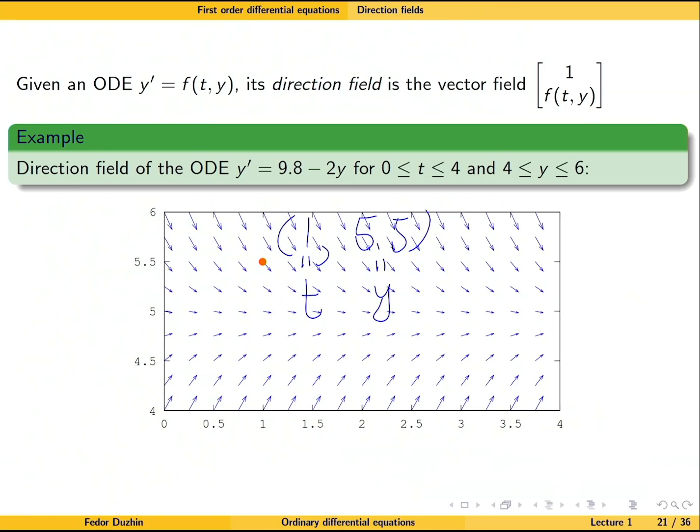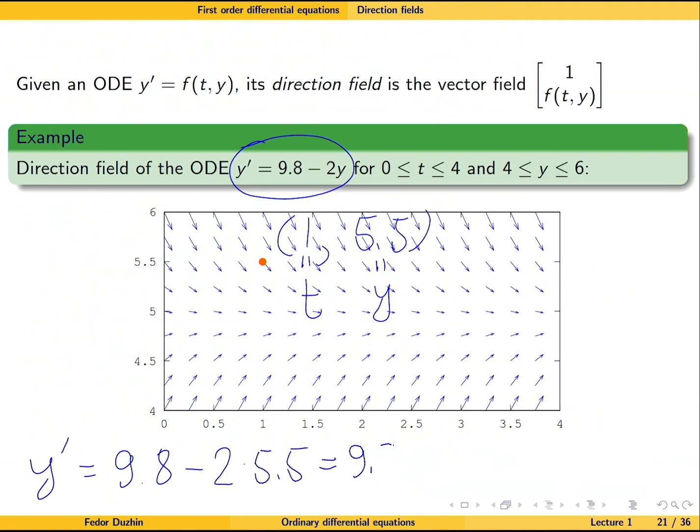So it means that at this point, according to our differential equation, y prime must be equal to 9.8 minus 2 times 5.5, which is 9.8 minus 11, which is minus 1.2. Right?